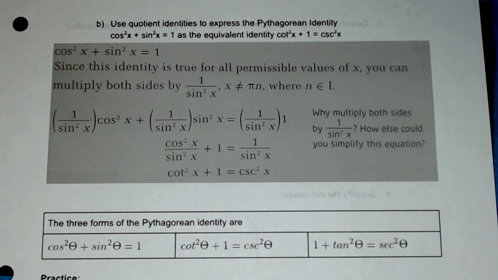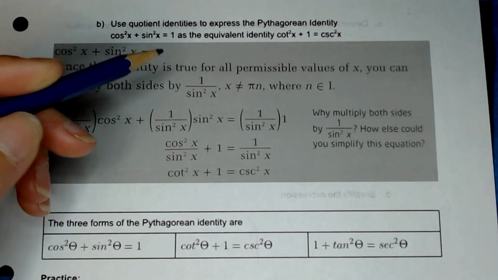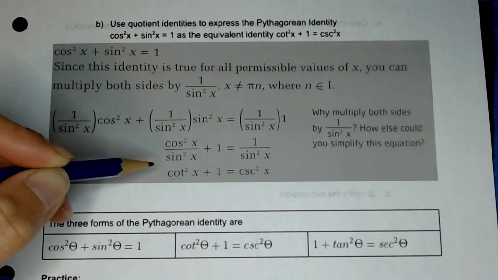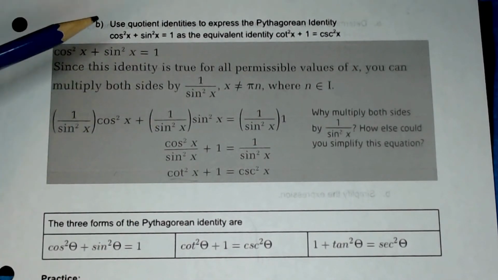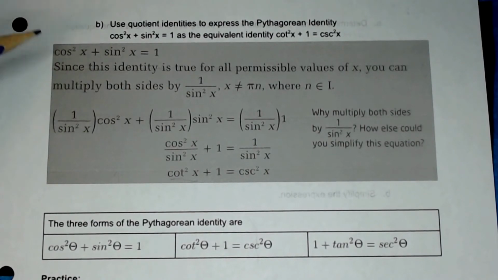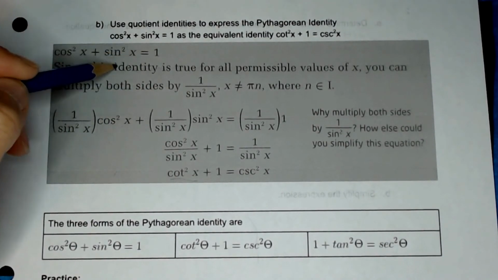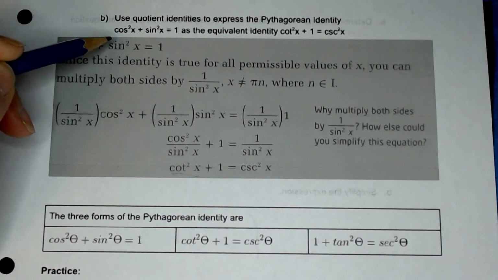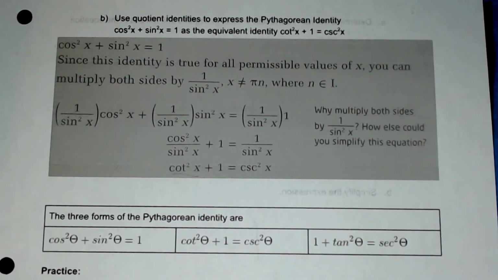Now we know that cotan is equal to cos over sine because tan is equal to sine over cos. So if we're looking to create this part of the identity, cotan squared x, then we need a sine squared x on the bottom. So from this original identity, we're just multiplying all terms by 1 over sine squared x.